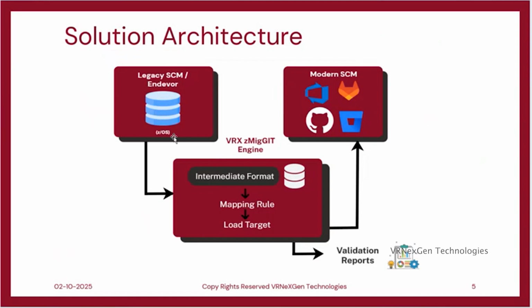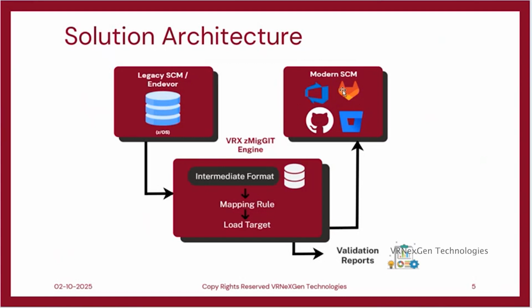And this is our architecture. From legacy Endevor, our automation engine extracts and keeps the data in an intermediate format. Our mapping rules map to the right target in the target SCM tool. In our case, the target SCM can be GitHub, GitLab, Bitbucket, or Azure DevOps.